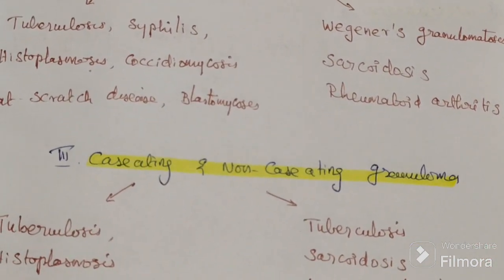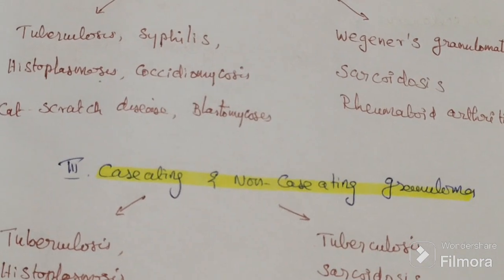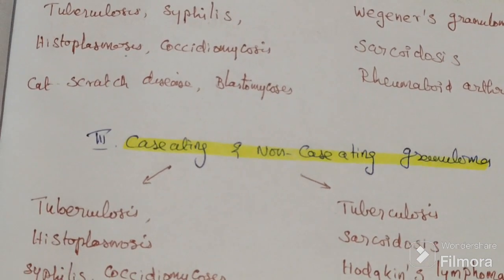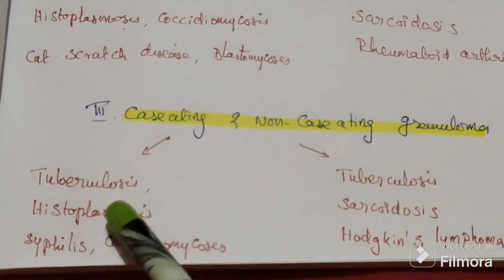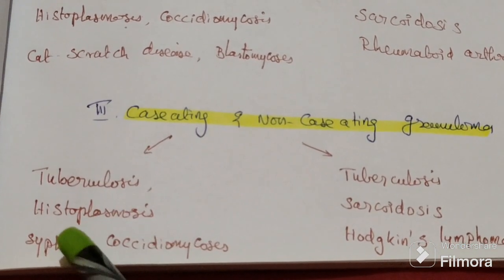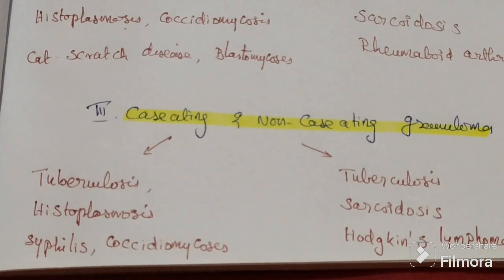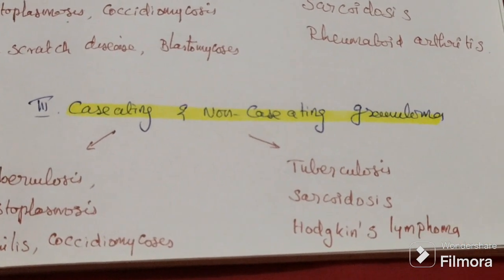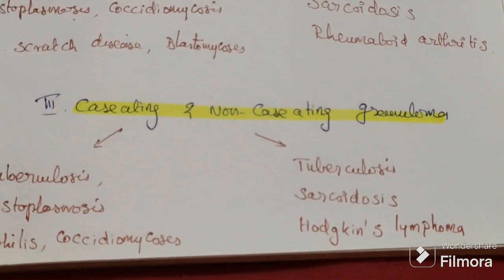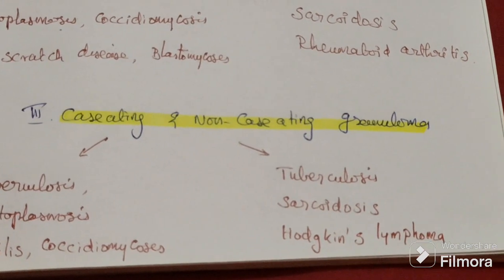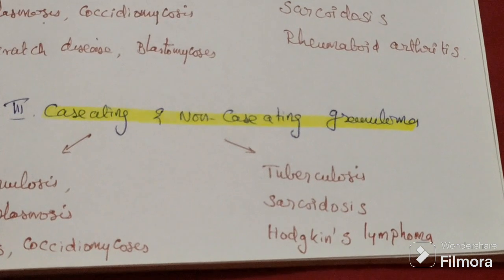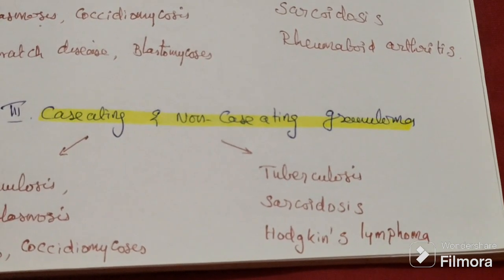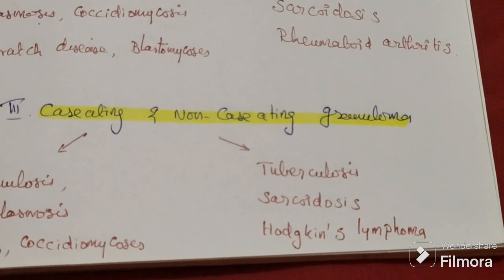Then caseating or non-caseating granuloma; caseous necrosis happens in the caseating one, as in tuberculosis, histoplasmosis, syphilis, coccidioidomycosis. Non-caseating: tuberculosis, sarcoidosis, Hodgkin lymphoma.